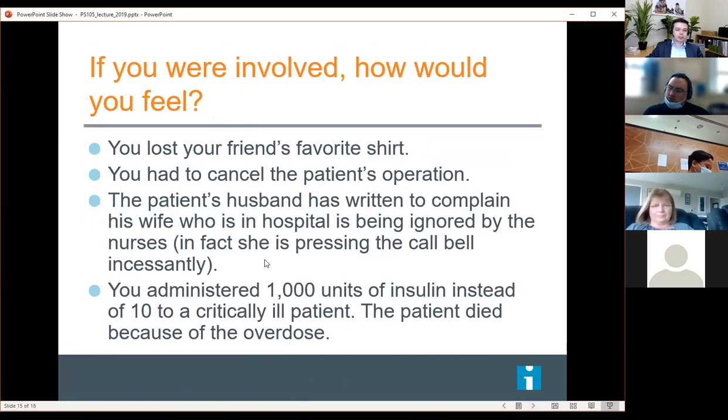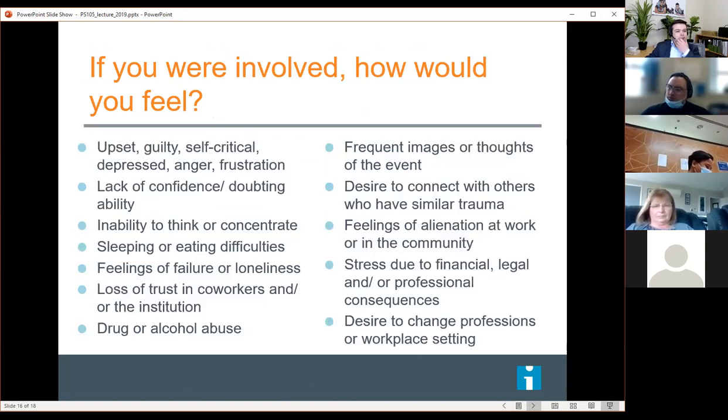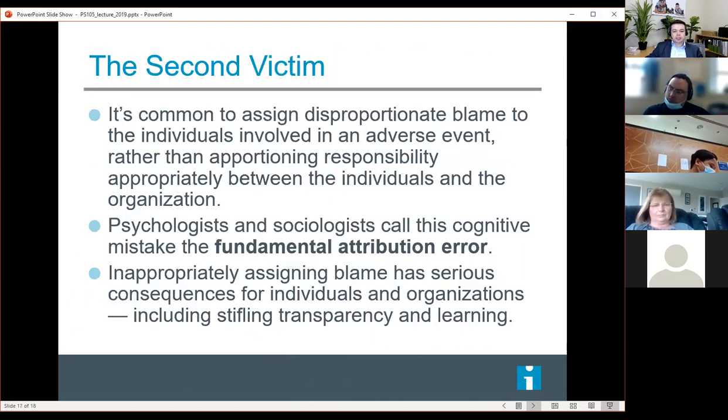Right, we'll move on. We've all had the question, how would you feel? There are all these sorts of emotions that we've touched upon. This is a bit about what I mentioned about the second victim. The individual who delivered treatment that ended up in harm, or the involved parties, might feel quite guilty for it.